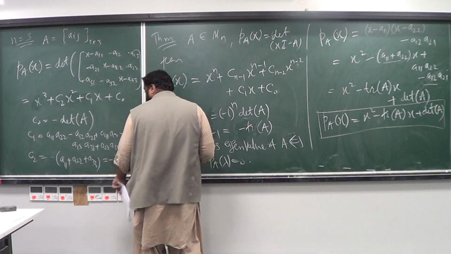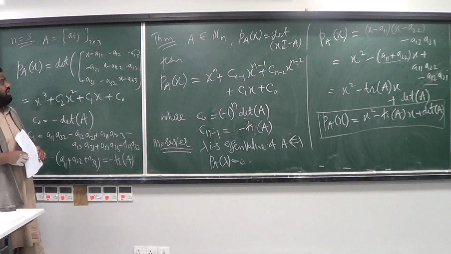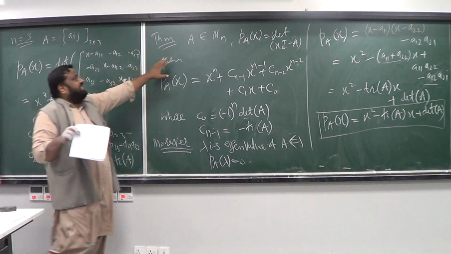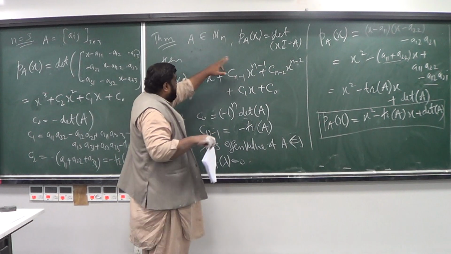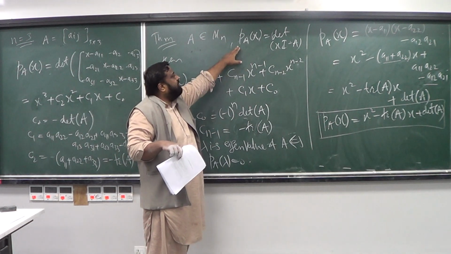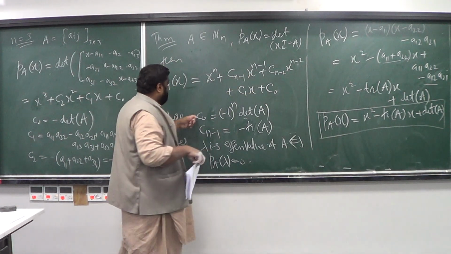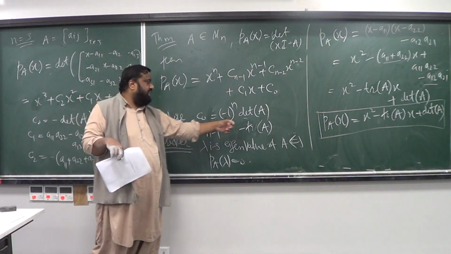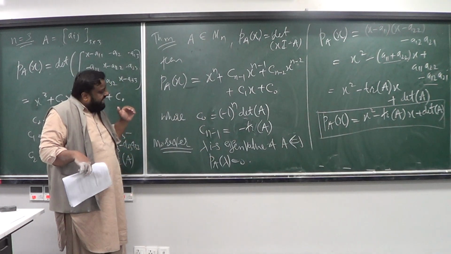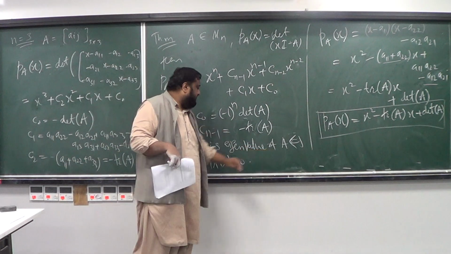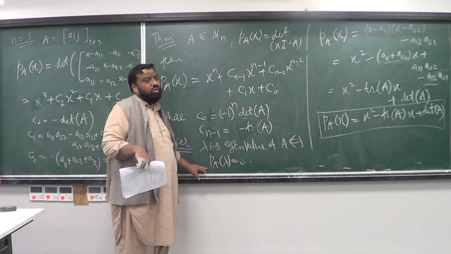So first of all, for a given matrix A, its determinant of xI minus A, in other words this polynomial Pa of x, can be explicitly written in this manner, in which C naught is always going to be this and Cn minus 1 is always going to be this. Any value that is an eigenvalue of the matrix A is a root of this polynomial.